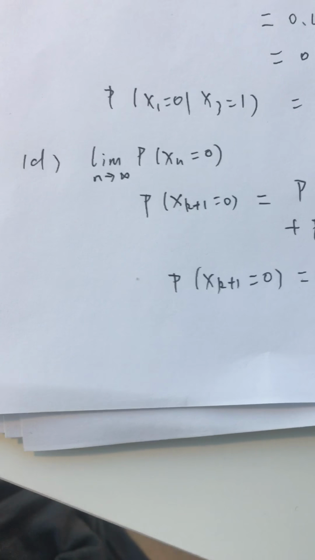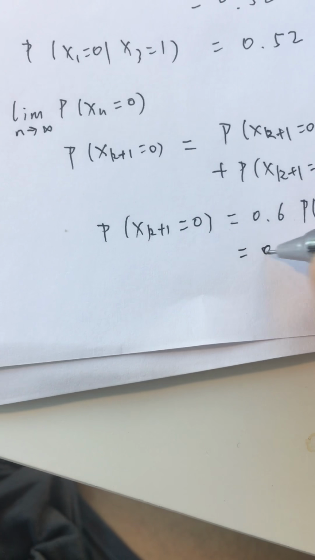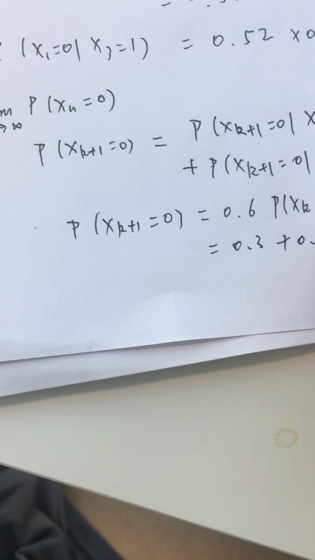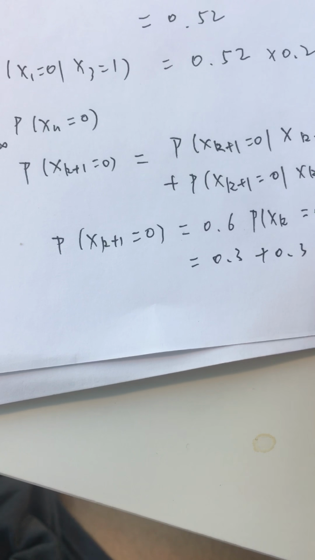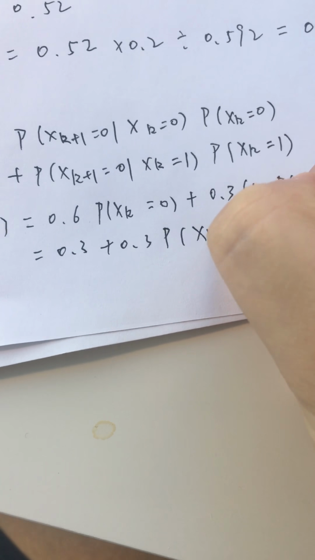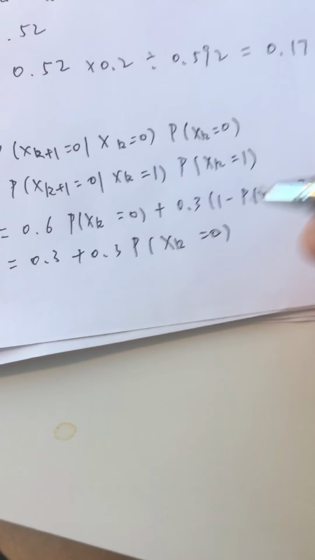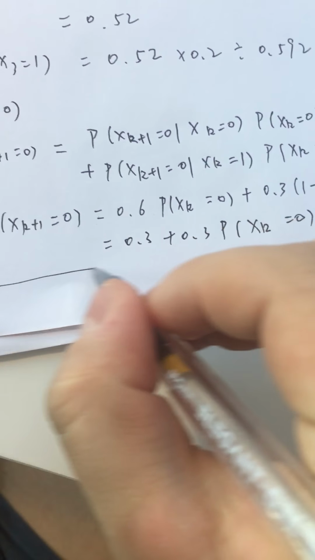And this equation is 0.3 plus 0.3 times the probability of xk is 0. So we get this equation.